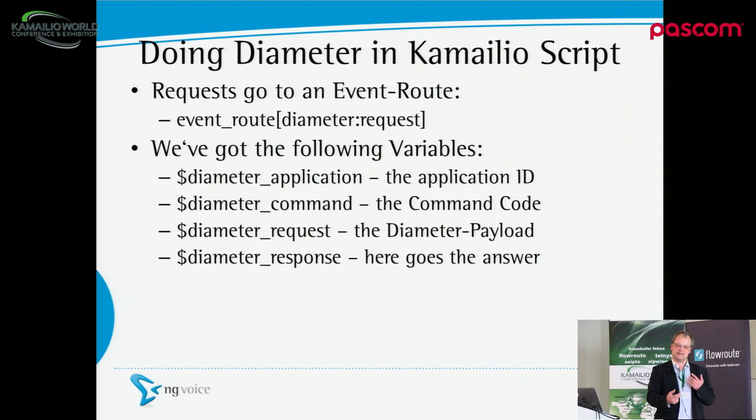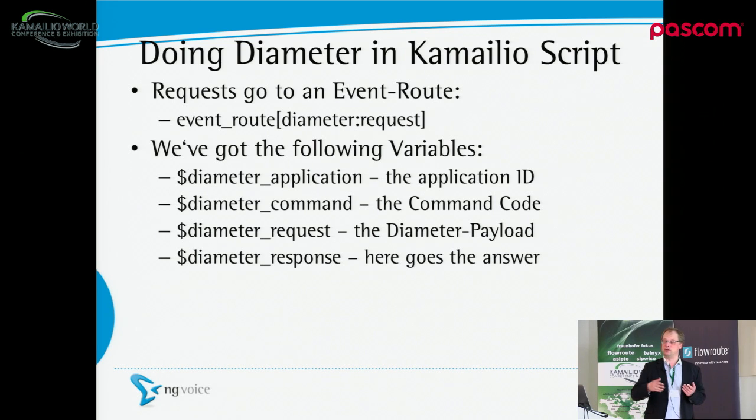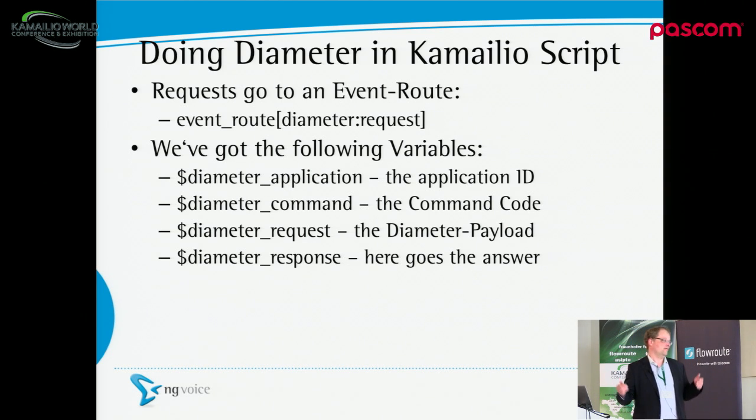The command code is something like, I have a specific interface between, let's say, my serving CSCF and my charging unit, and then I have a specific command code to do the initial request, to do an interim request, to do the final request. The request as such, you get in another variable, which is a diameter request variable. I hope that's self-explanatory.